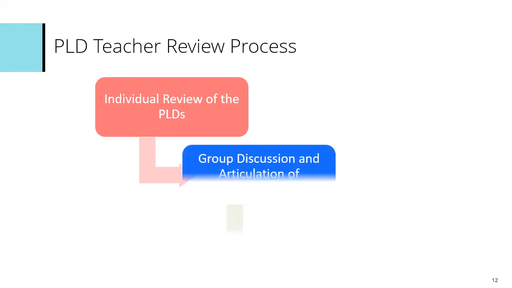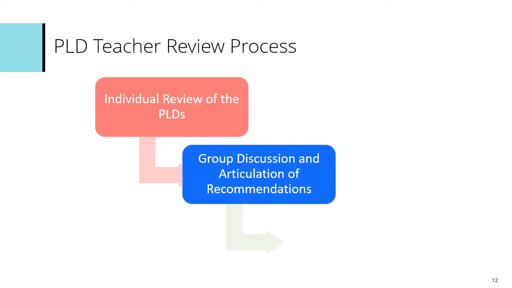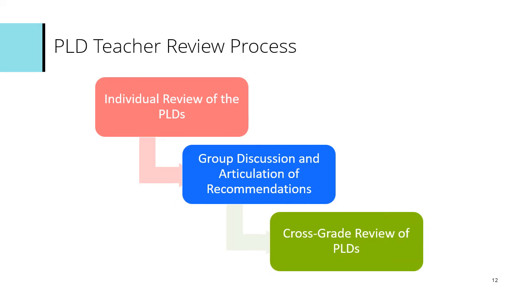Later in the month, you will join others that have also been completing the independent review to discuss your independent recommendations and to determine a single set of committee recommendations for the PLDs for each grade. At the end of the grade band meetings, you will have the opportunity to review the PLDs across the grades to make sense and to see if there are any recommendations to improve the articulation of the PLDs across the grades.